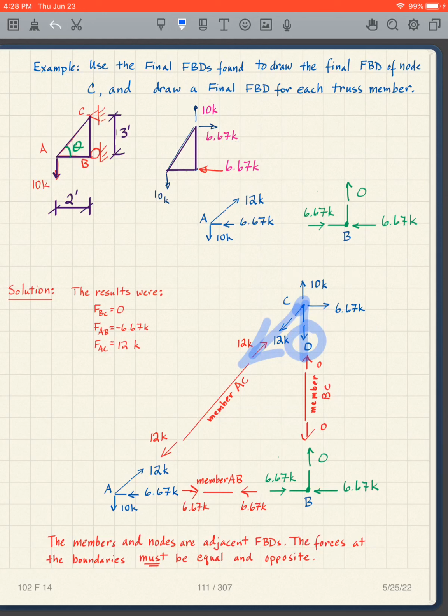So we never had to really evaluate point C because we had information from point A, we had information from point B, we put them into point C, and that's the way it is for any triangular truss. You only have to evaluate two nodes, and then the other one comes out. So that's what I want you to recognize.